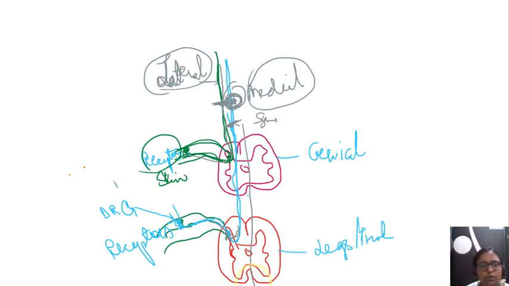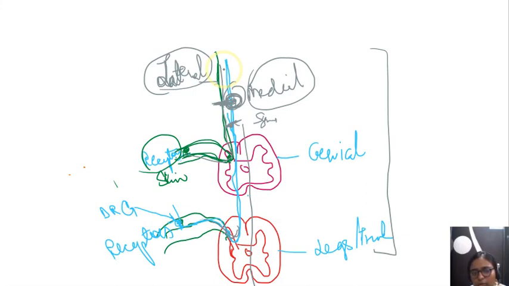Fine. So up to here you understand, this is very easy, right? We have taken the section of the spinal cord, and then we have seen it at the level of sacrum and lumbar and at the level of the cervical region. Then we have seen that it takes the sensation from the receptors to the dorsal root ganglion.